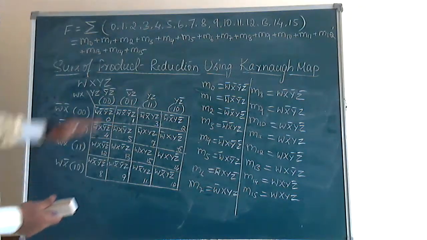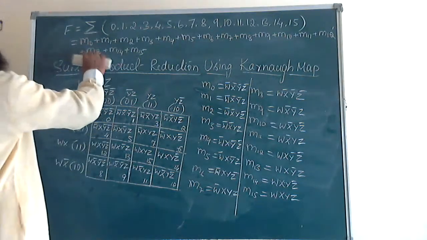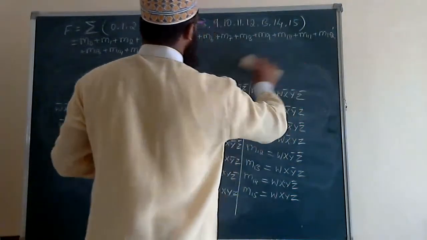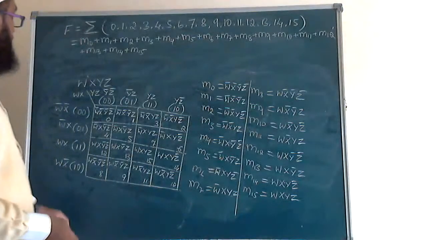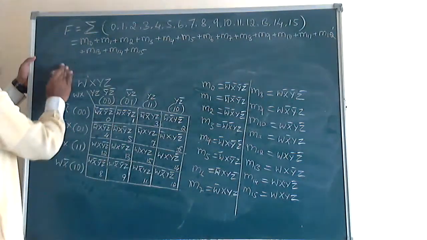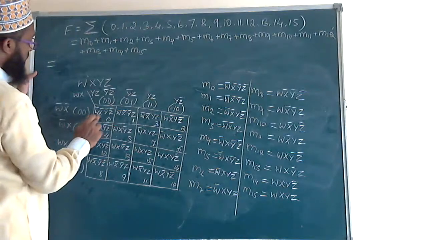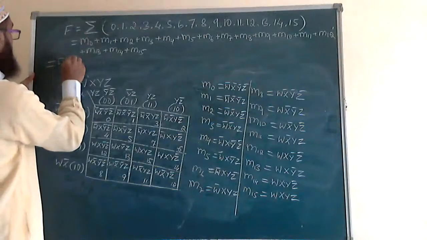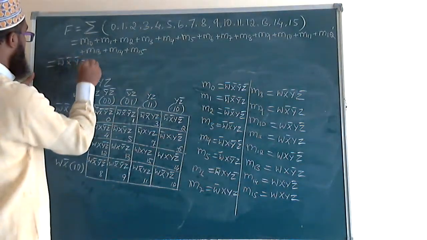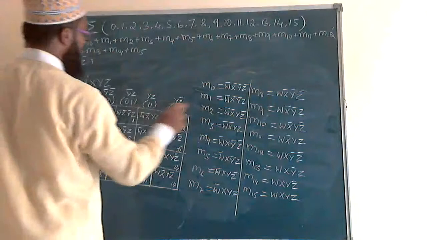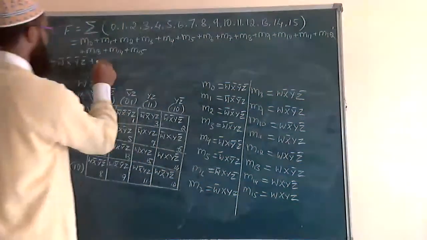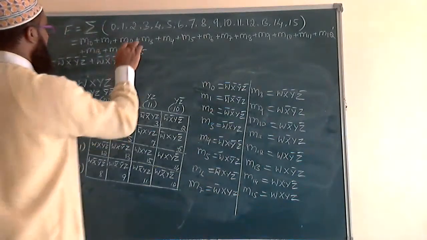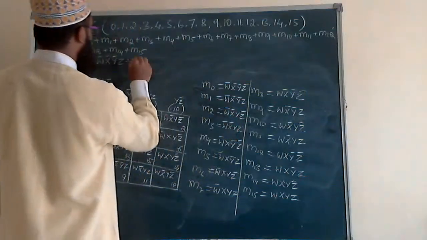Then now we will try to write the minterms of these expressions for these numbers. What is for m0? For 0, take from here only: W bar X bar Y bar Z bar, plus for m1 is W bar X bar Y bar Z. And for m2 is W bar X bar Y Z bar.